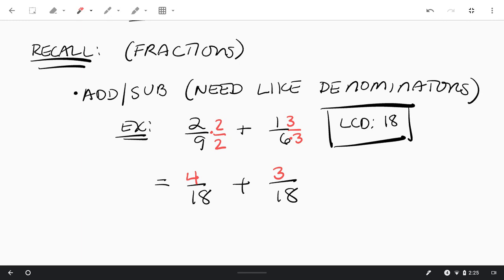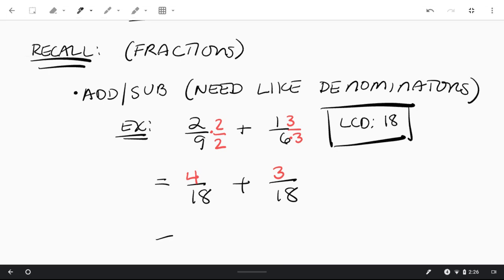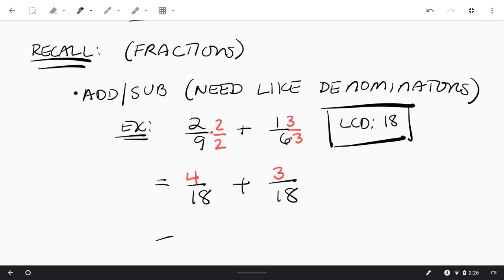Now that they have the same denominator, we can go ahead and add these. So 4 plus 3, that is 7 over 18.